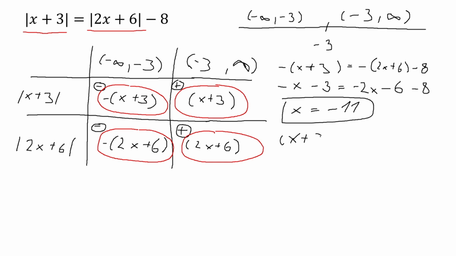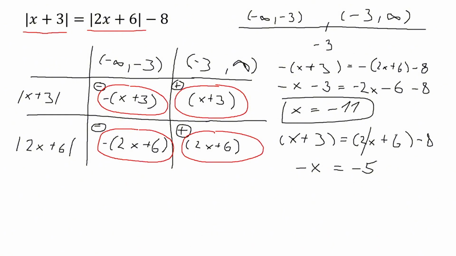And then our next case would be x plus 3 is equal to 2x plus 6 minus 8. So again, same story, except it would be negative x is equal to 6 minus 2 minus 3, which would be negative 5. So essentially what we did here is that we subtracted 2x from both sides. On the left side we got negative x. On this side we got 0, so this canceled itself out. 6 minus 8 would be equal to negative 2.